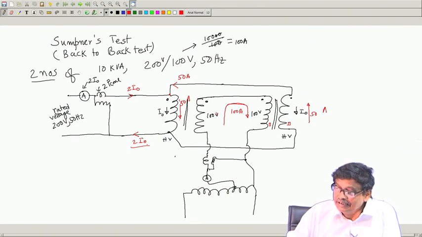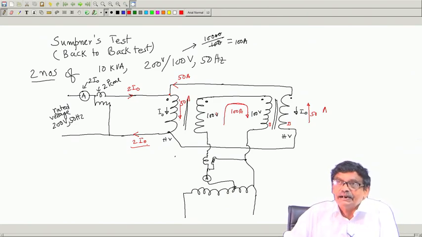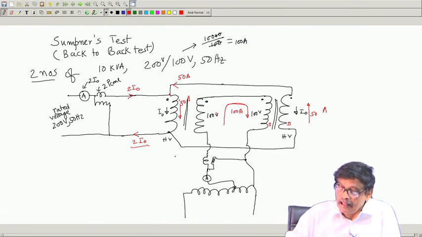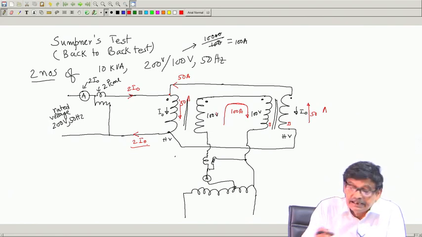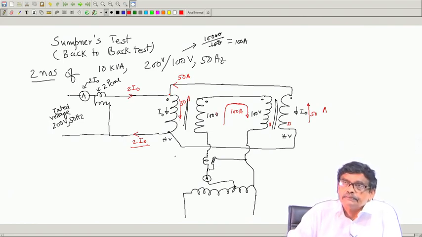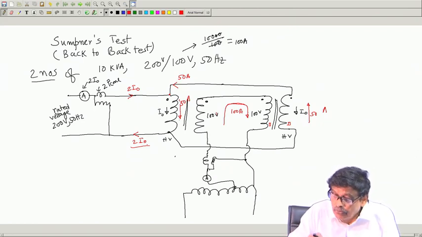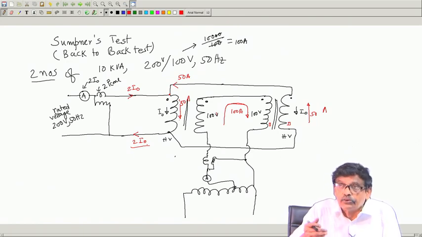Now, this transformer windings are carrying rated currents. Therefore, rated copper loss will take place and rated flux is also present. So, rated core loss will also take place and also windings are carrying rated current. So, rated copper loss.